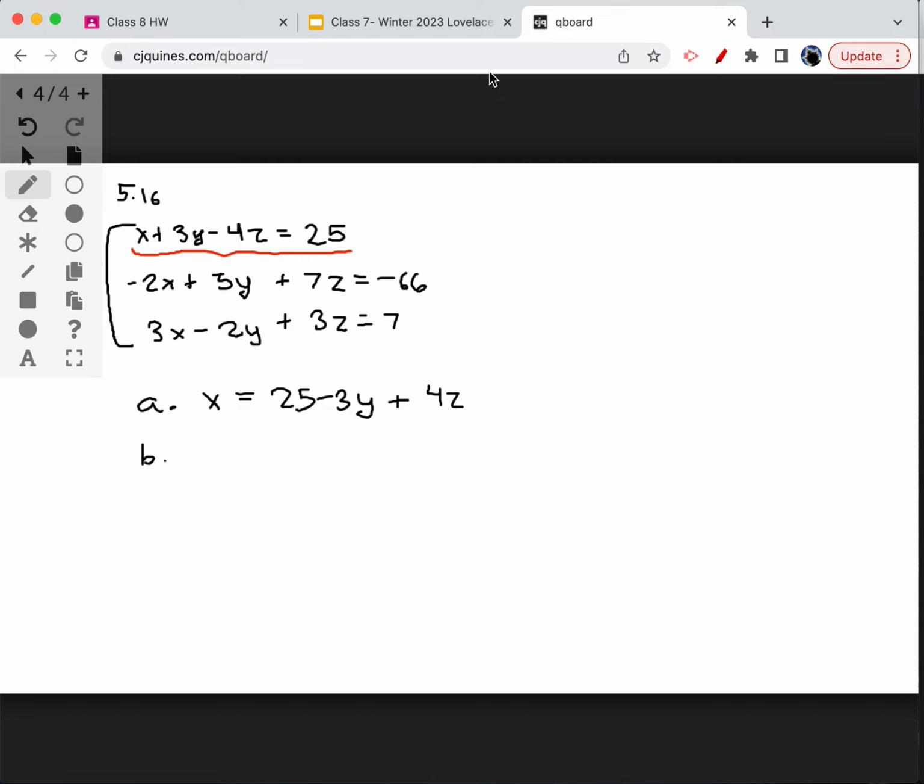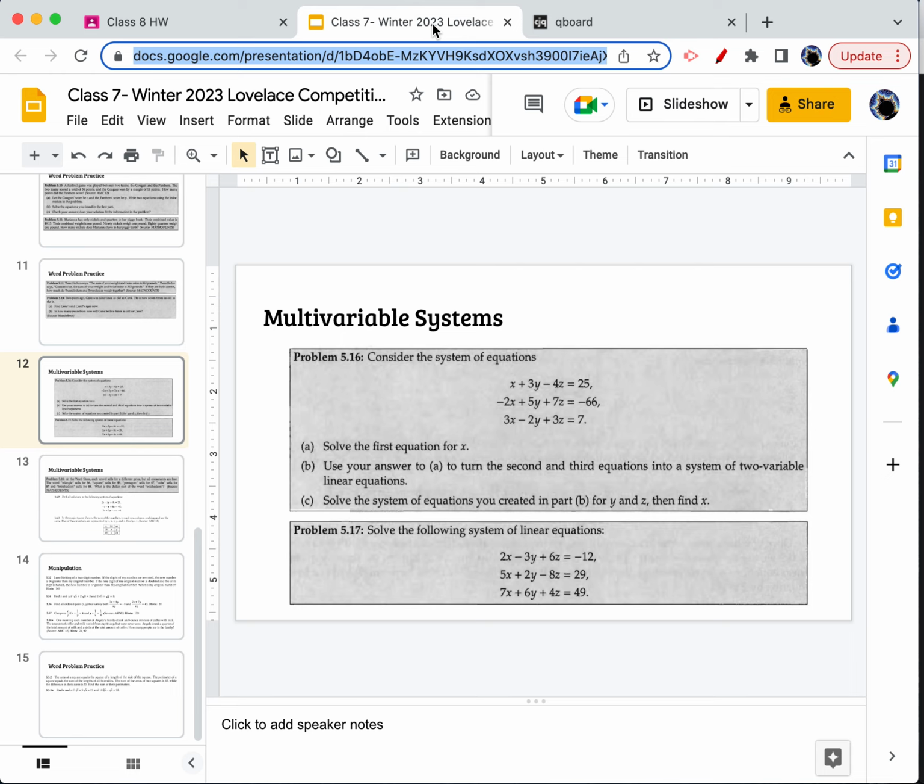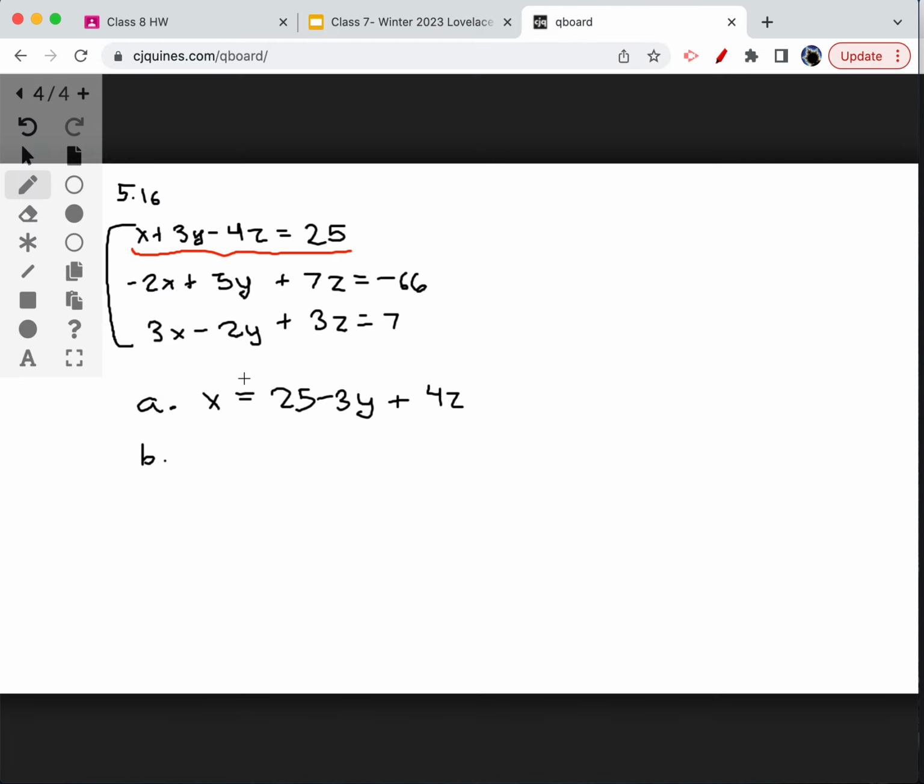Now, part B tells us to use our answer to A to turn the second and third equations into a system of 2-variable linear equations. We see that we have an x in both the second and third equation, and we just isolated our value of x. So what we can do is substitute this expression for x into the second and third equation.